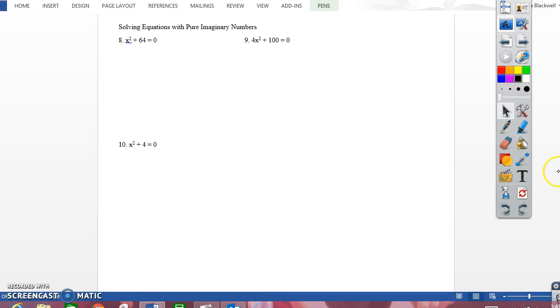Okay, so if we're going to solve equations with pure imaginary numbers, the first thing we're going to do is we're going to get x squared by itself. So over here, if I wanted to solve for x squared, I would subtract 64 from both sides. And 0 and negative 64 are like terms, so I would have x squared equals negative 64.